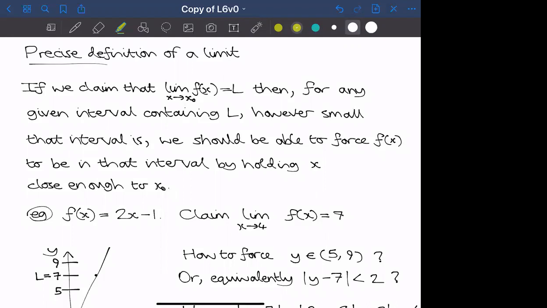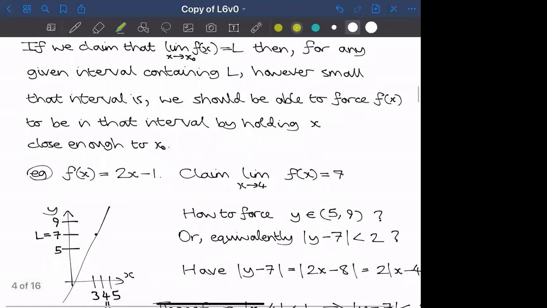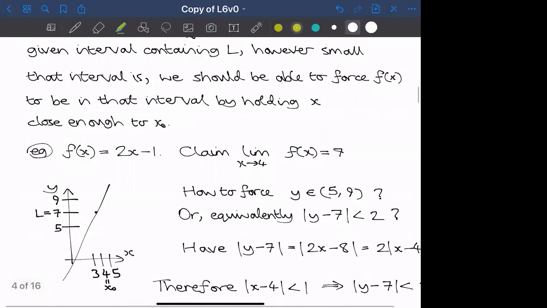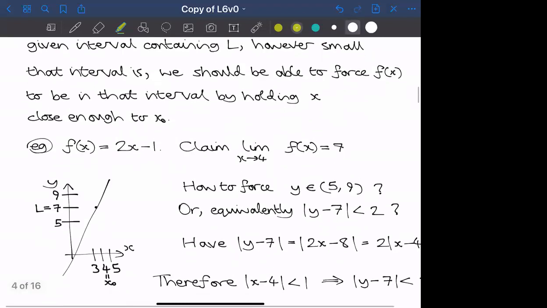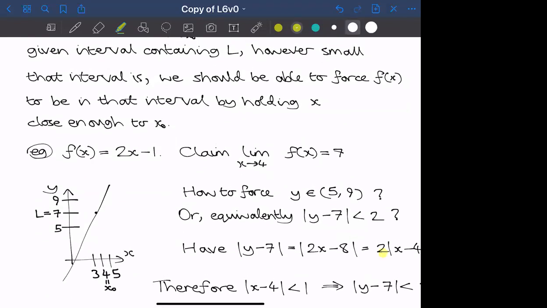So let's give a really simple example to make that clear. I take the function f(x) is 2x minus 1. And I claim that the limit as x goes to 4 is 7. So this follows from the limit laws from last lecture.